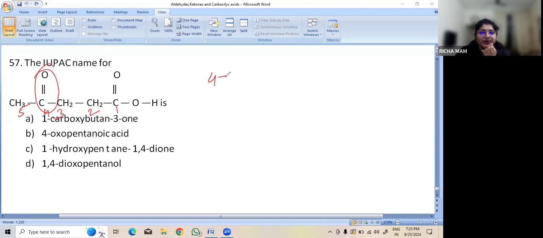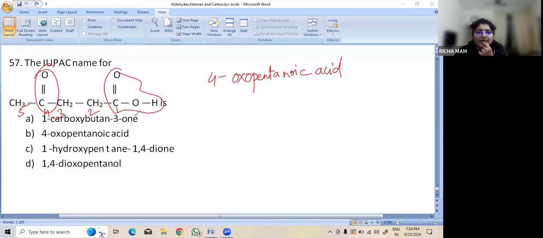When you take the ketone as a substituent, you name it as oxo, right? So 4-oxo. How many carbons are there? Pentane, and a carboxylic group is present, so it is pentanoic acid. 4-oxopentanoic acid. So option B.